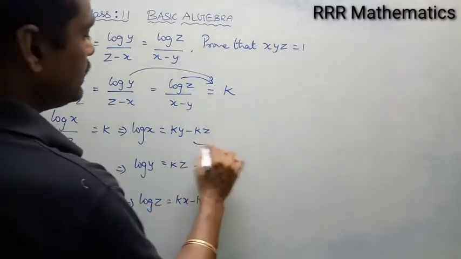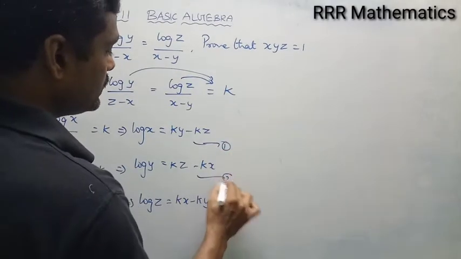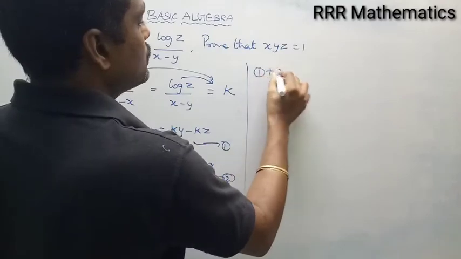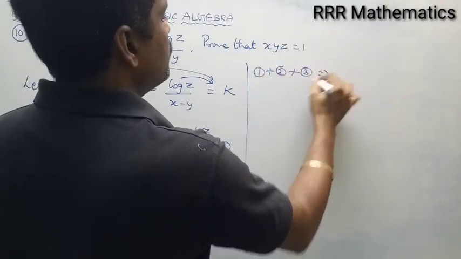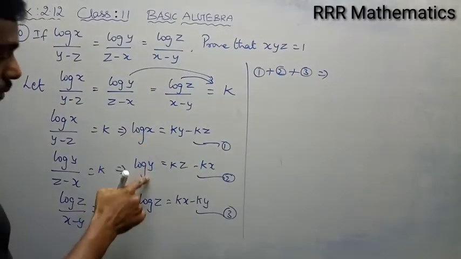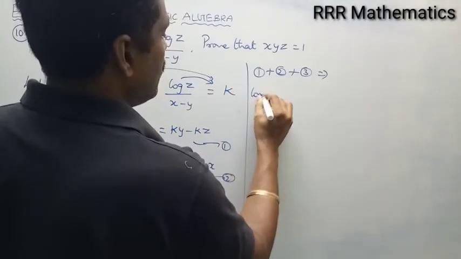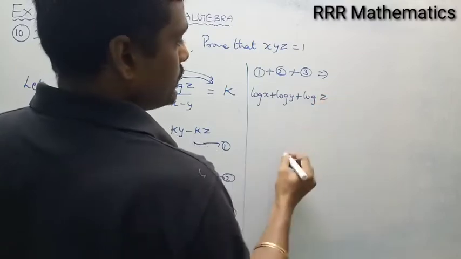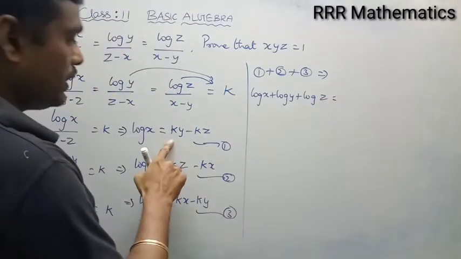Got it? I'll take this is 1 and this is 2 and this is 3. See, 1 plus 2 plus 3 implies, I'll add everything. So, what is in the left hand side? Log x plus log y plus log z, which is equal to what I have?